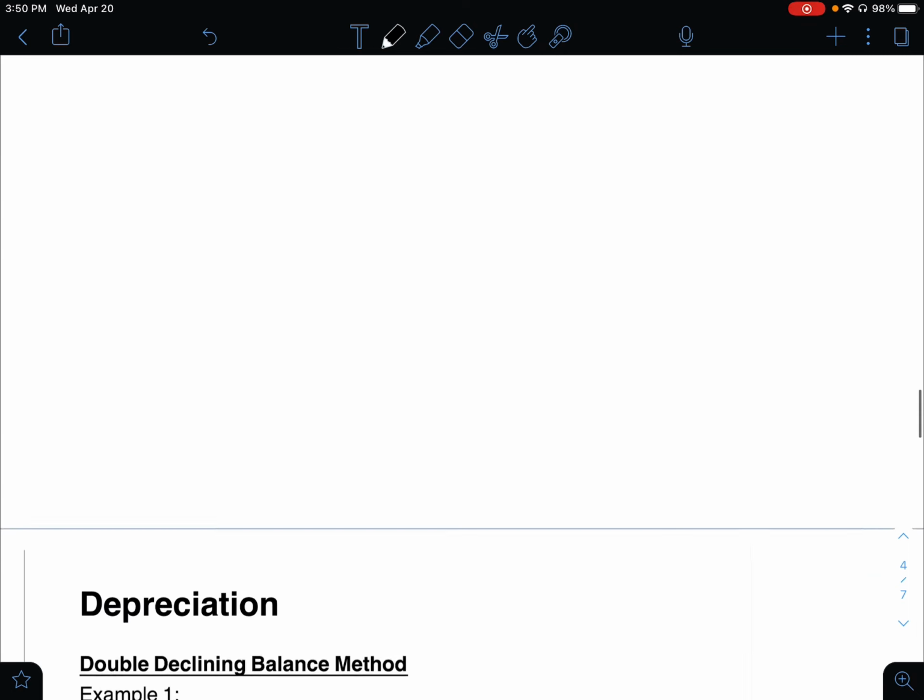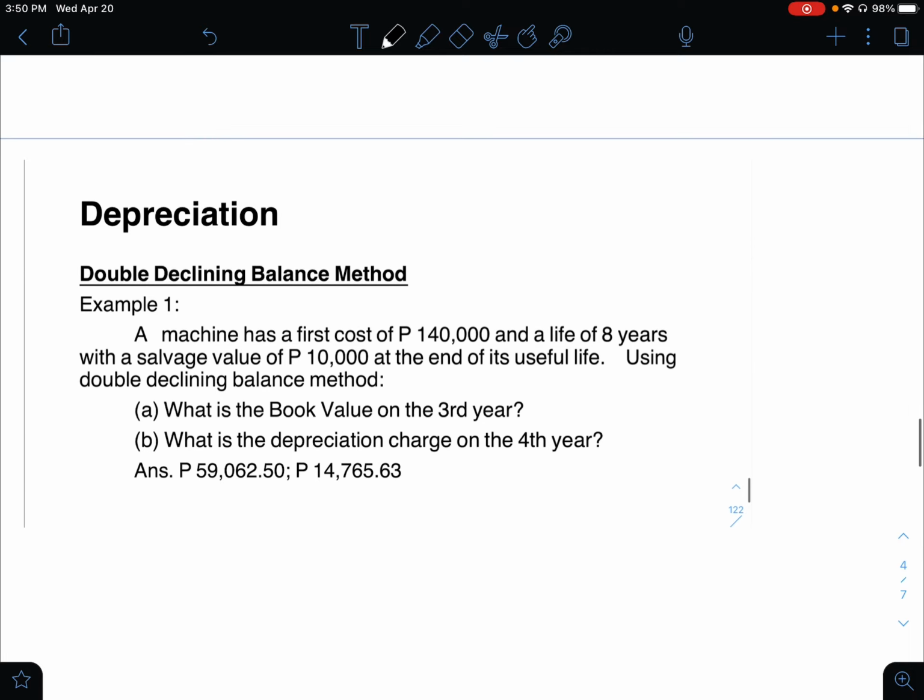So, example number 1. In the double declining balance method, the example here is a machine that has a first cost of 140,000 and a life of 8 years, or the useful life in years, sorry.